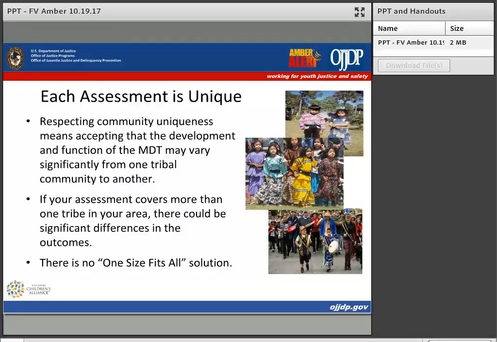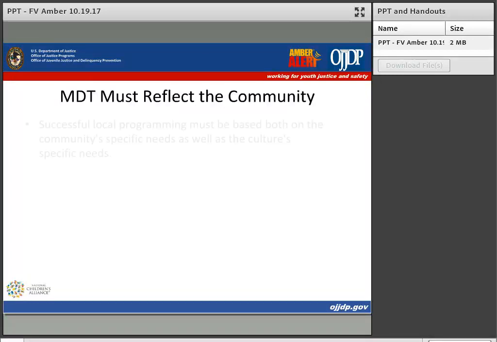There is no one-size-fits-all solution. So your assessment may have to cover more than one tribe and may be unique for each tribe if they're in your area.